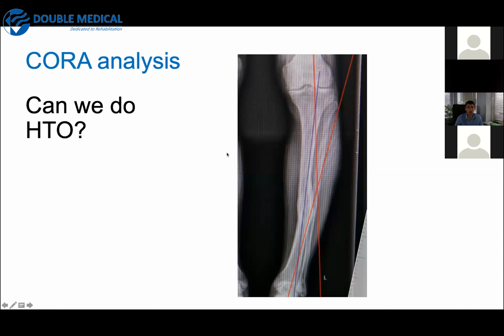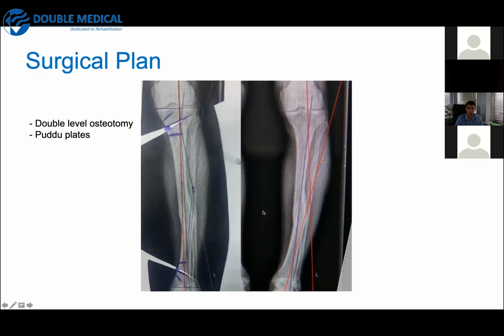Can we do high tibial osteotomy here? Actually, yes, because we can do a double osteotomy, one above the CORA and one below, and it will help us to compensate for this problem. So this is our surgical plan.